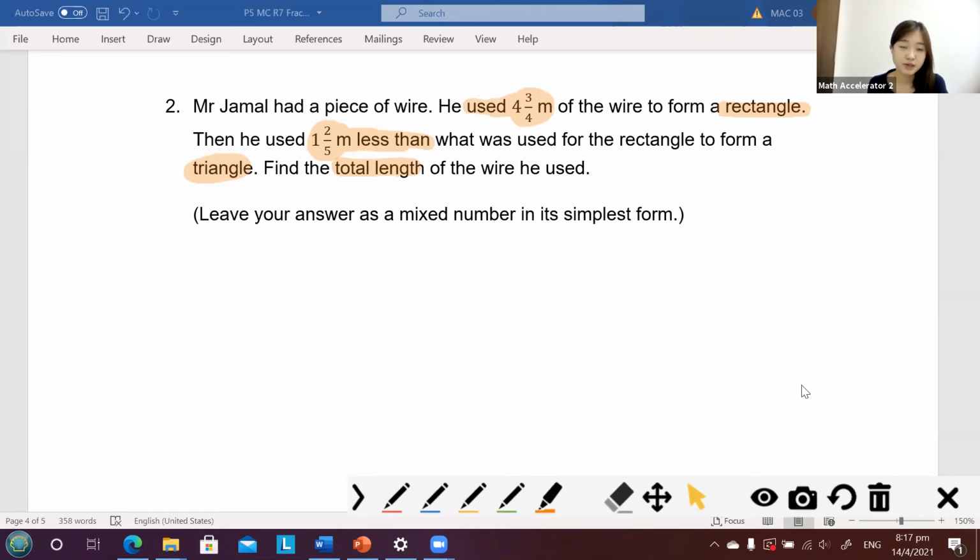You can use your calculator for this. Okay, so you can solve it a bit quicker. Okay, so far I see a mixture of answers.